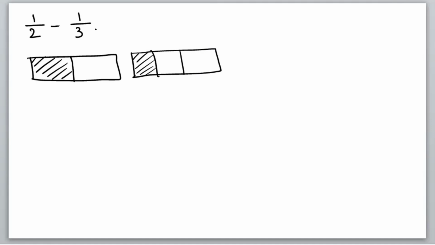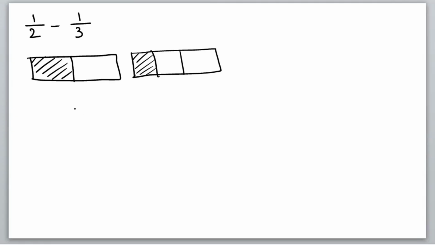Here the denominators are different, so the size of the pieces is different. They are not the same. This one is bigger than this one. So the half is bigger and the 1/3 is smaller.